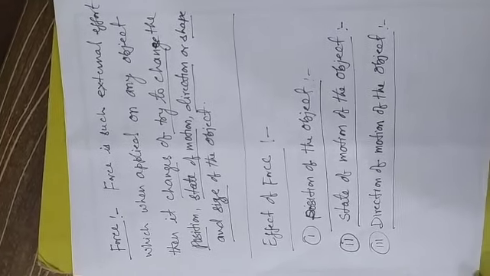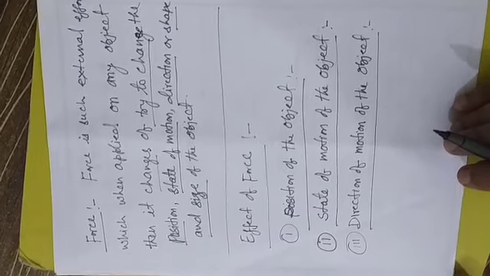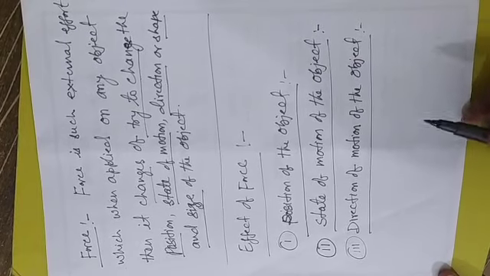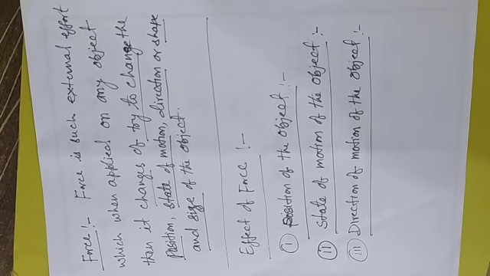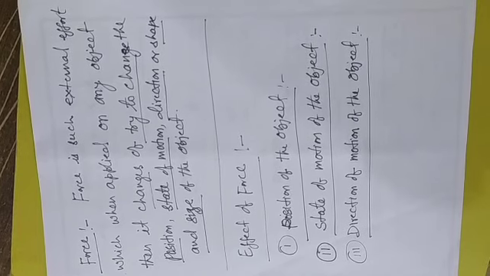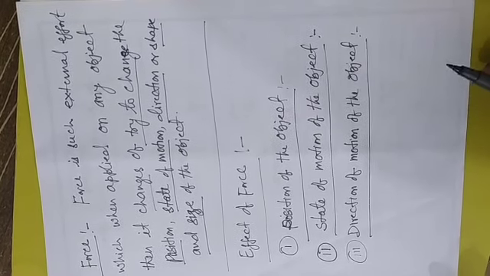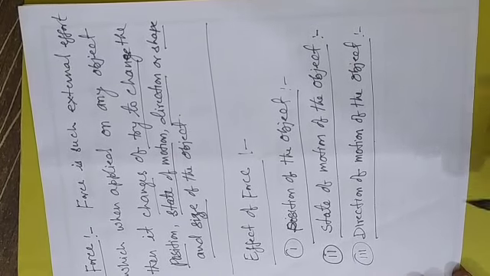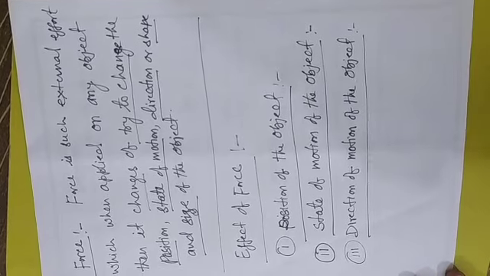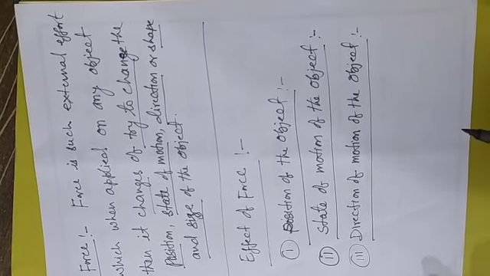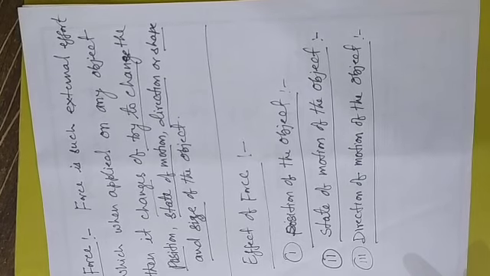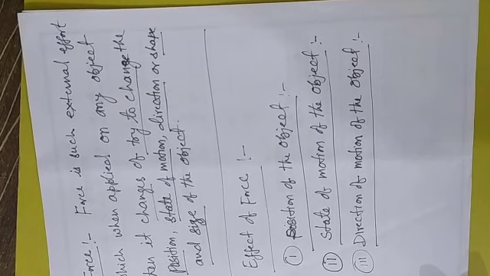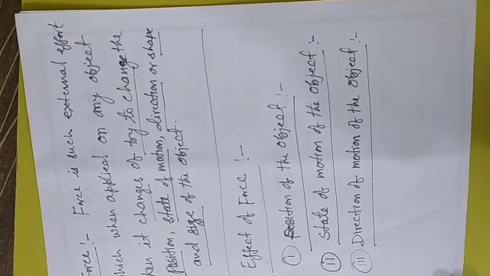Then, if you apply some force on the object, not in the direction of motion or opposite to the direction of motion, but in such a way that the force applied by you is at some angle with the direction of motion, then it may be possible that the direction of such a moving object is changed.